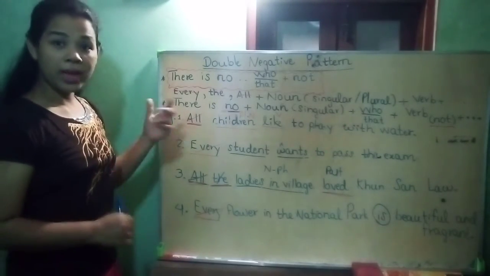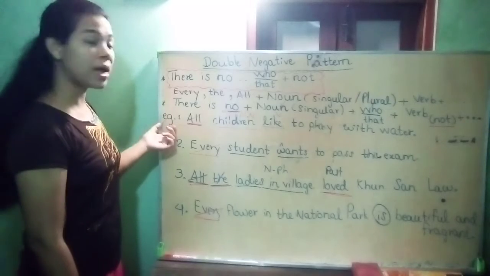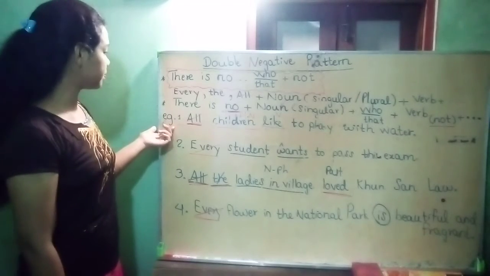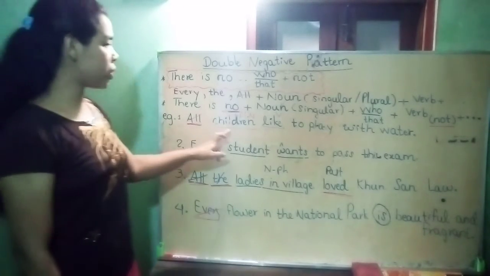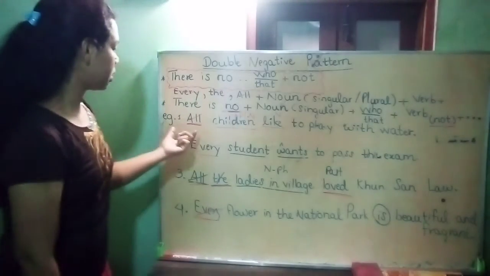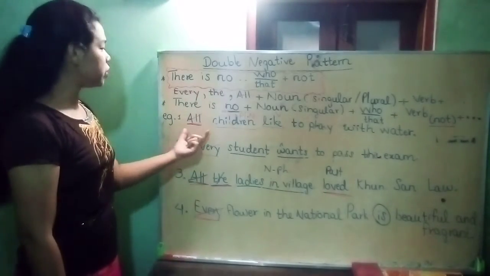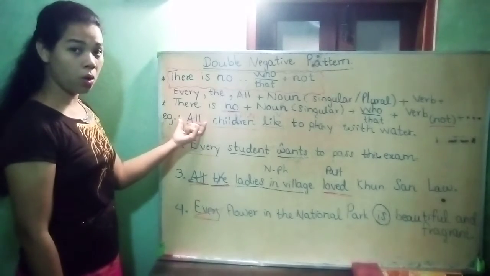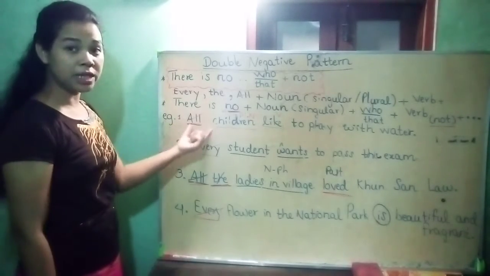So let's go with example sentences. Please look at the first one. All children like to play with water. Firstly, you need to eliminate the determiner all. All will be eliminated firstly.